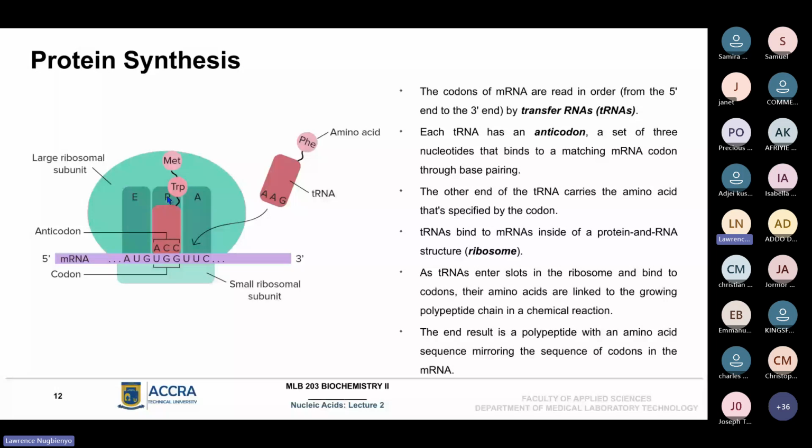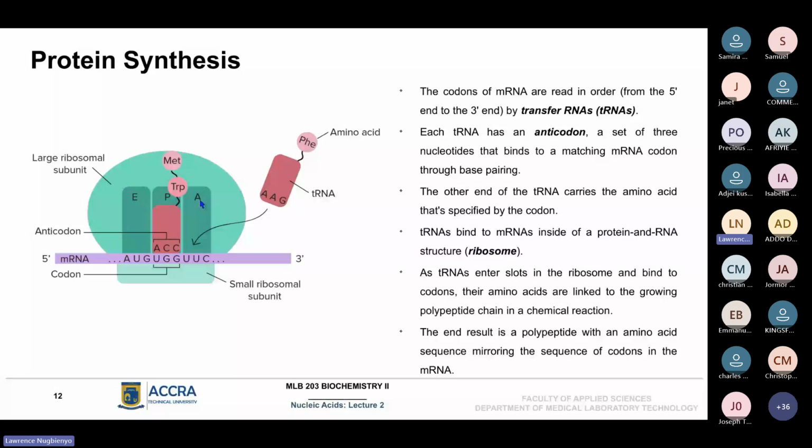A site. This is where the amino acid comes into the complex. So the A stands for amino acid, because it's not just an amino acid that is coming in, but the amino acid is bound onto a transfer RNA.